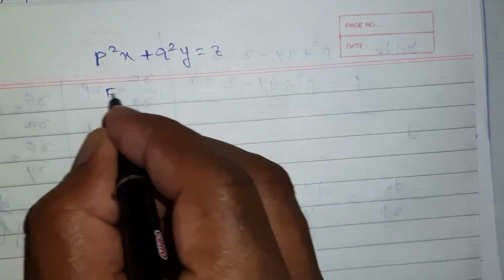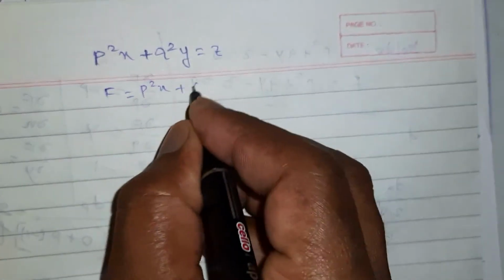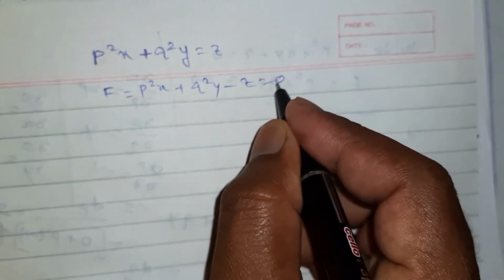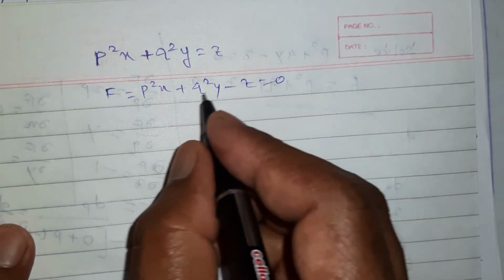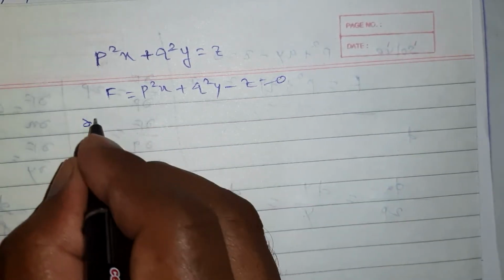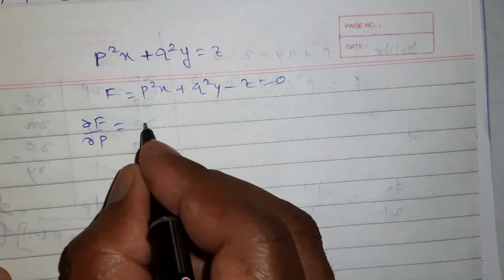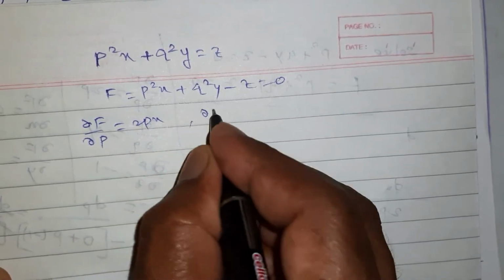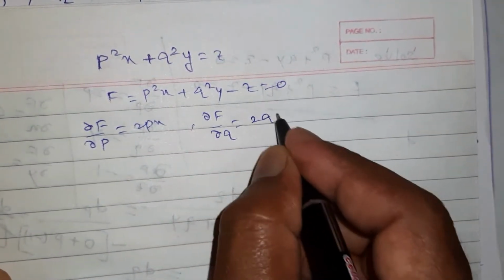So let our capital F is equal to p square x plus q square y minus z is equal to 0. This is the value of capital F, right? Find all possible derivatives. So here dou f by dou p is 2px. Then dou f by dou q, it is 2qy.